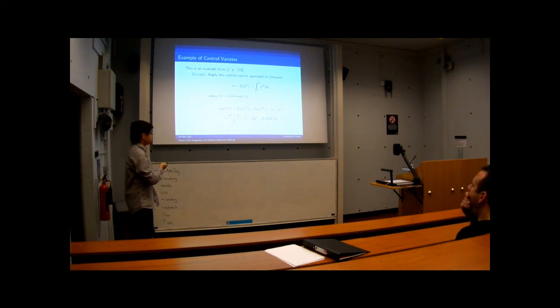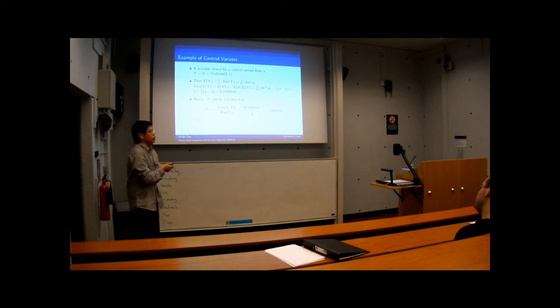And if we use a control variate here, we choose control variate Y equal to u, which comes from a uniform distribution 0 to 1. Then we calculate the expectation of Y is 1/2, the variance of Y is 1/12, and the covariance of X and Y is equal to 0.1408591.